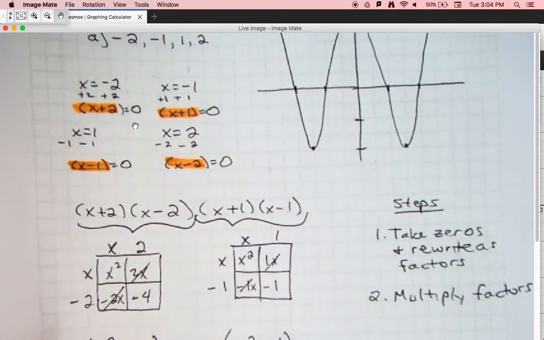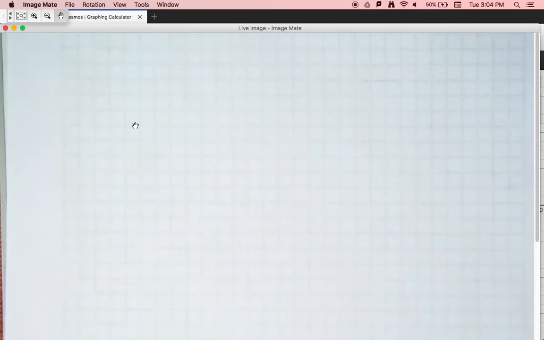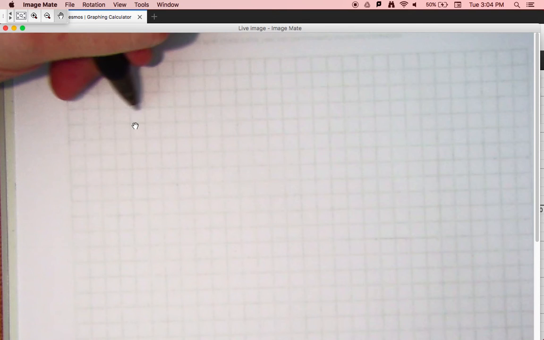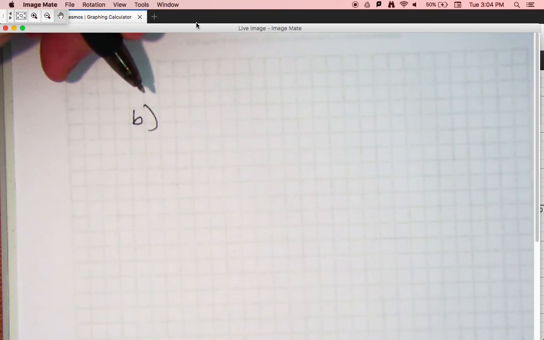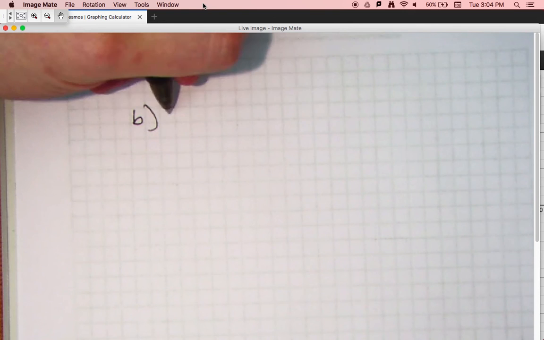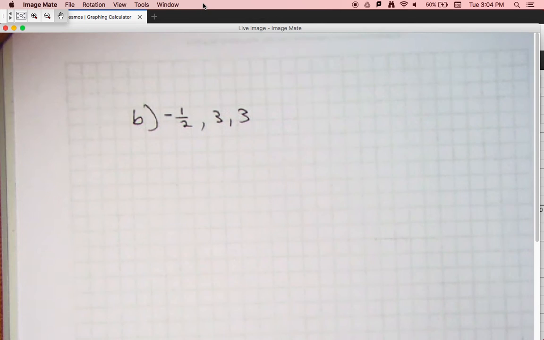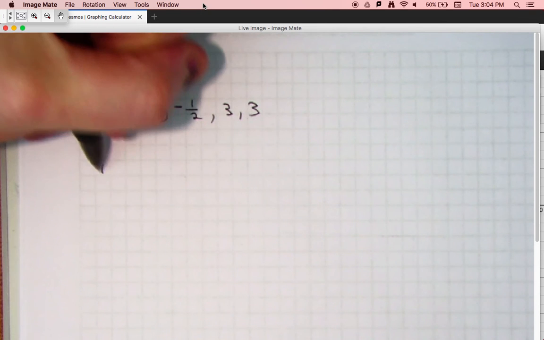Let's go ahead and take a look at one more where we have a fraction involved. So I guess we'll call this letter B. So let's say that we've got zeros of -1/2, 3, and 3. So let's write them as factors first of all.